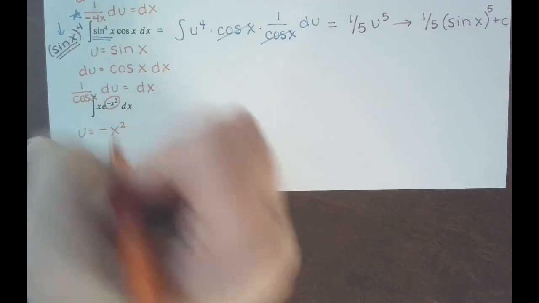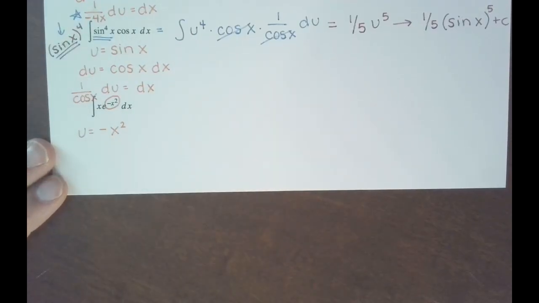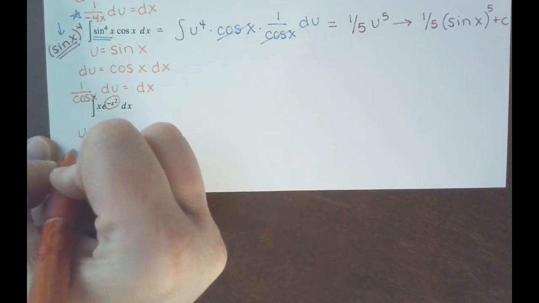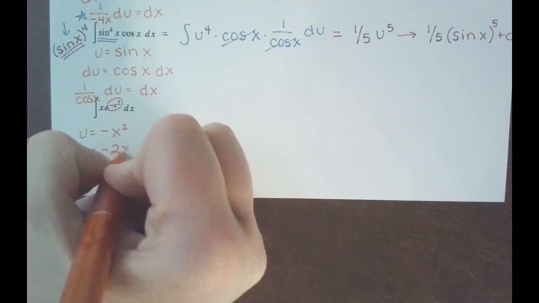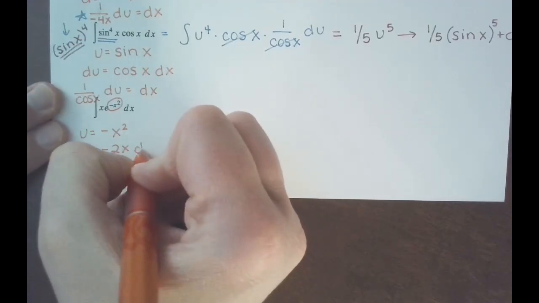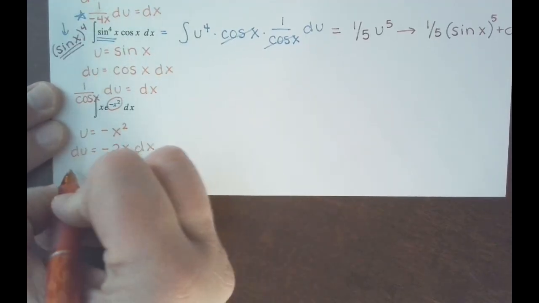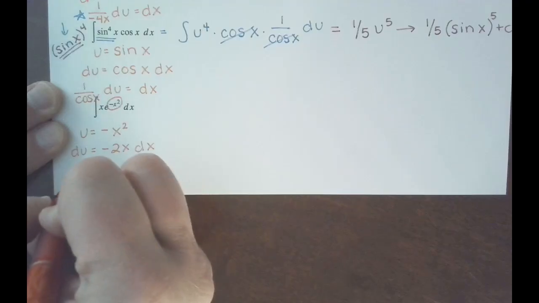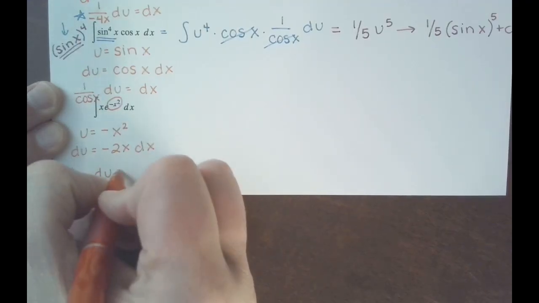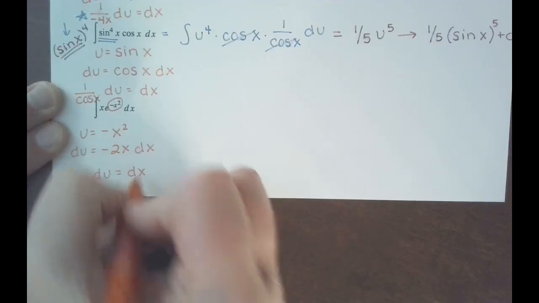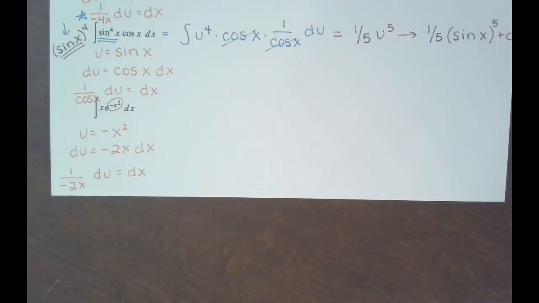By the way, again, just a reminder, I encourage you to pause the video and try this on your own. Du would be negative 2x dx. Swing that negative 2x to the other side, and you have 1 over negative 2x du equals dx.